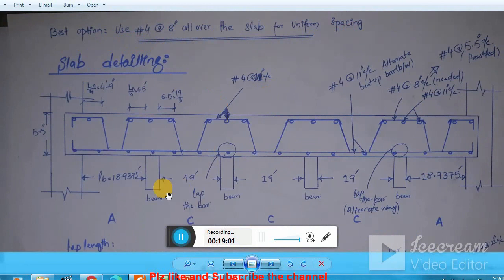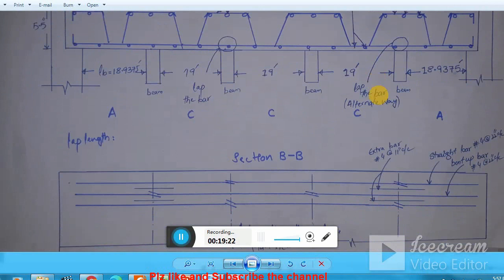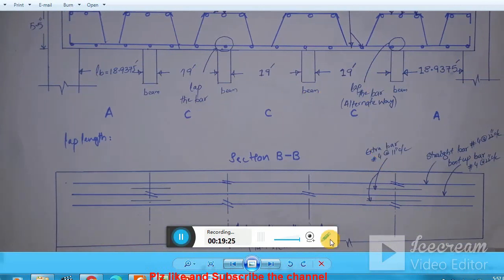This is the best option. You provide 8 inch spacing to all bars. So if you keep one bar straight and the other bar bent up, then again one straight and the other bent up, you will maintain the spacing at 16 inch, so you need one extra bar.